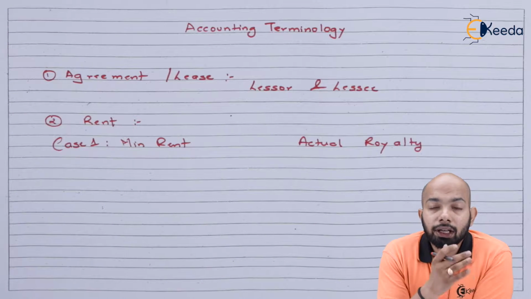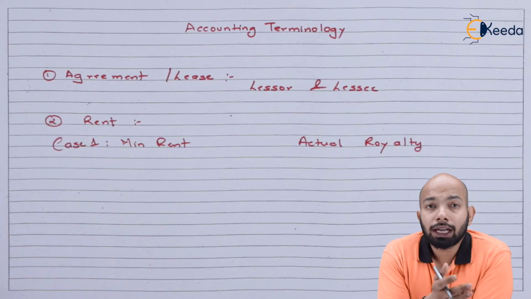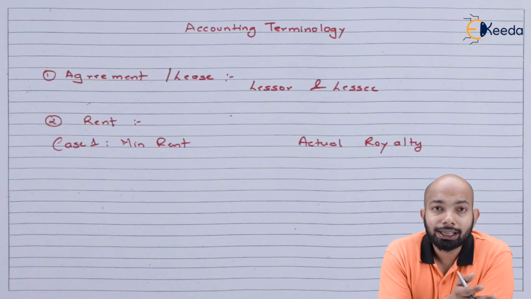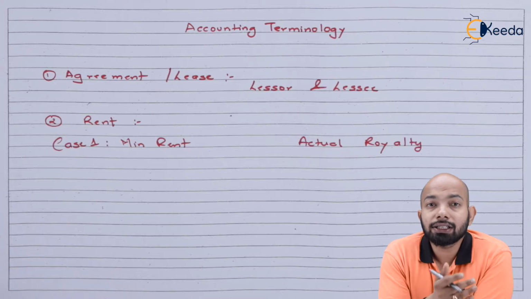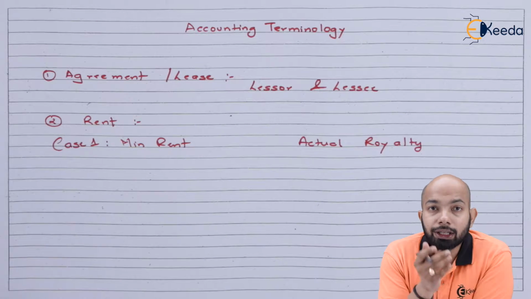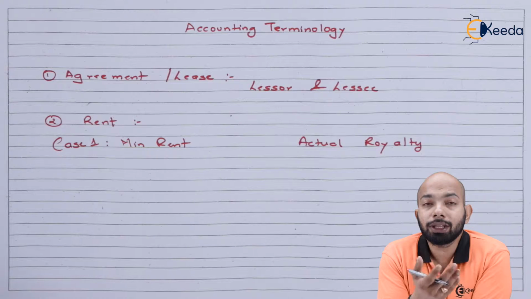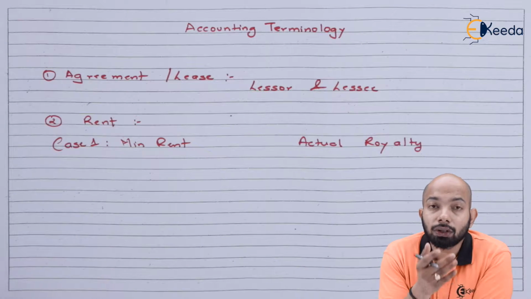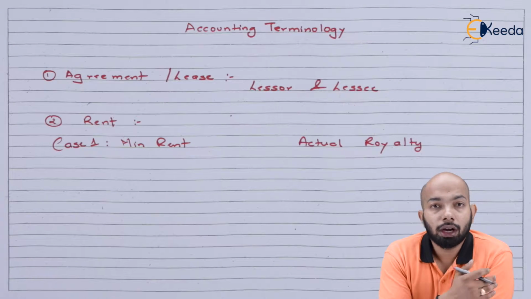For example, if you're taking a shop on rent, there is a certain fixed rent that you're supposed to pay to the landlord. Whether sales happen or not, will it stop you from paying the rent, or will it stop the landlord from taking rent from you? Of course not.